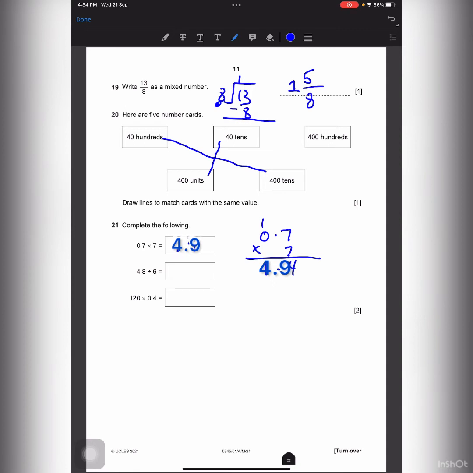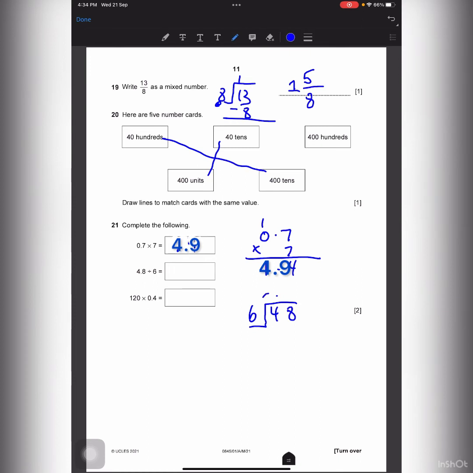Now we have to do 4.8 divided by 6. So 6 and 4.8. For this, we're going to remove this point. We're going to put it up here, and now the point is gone.